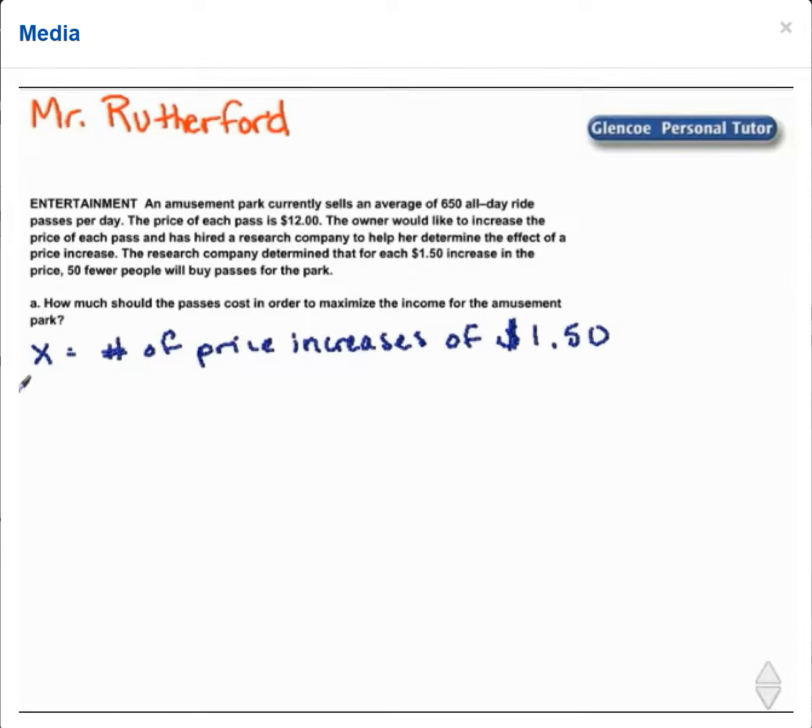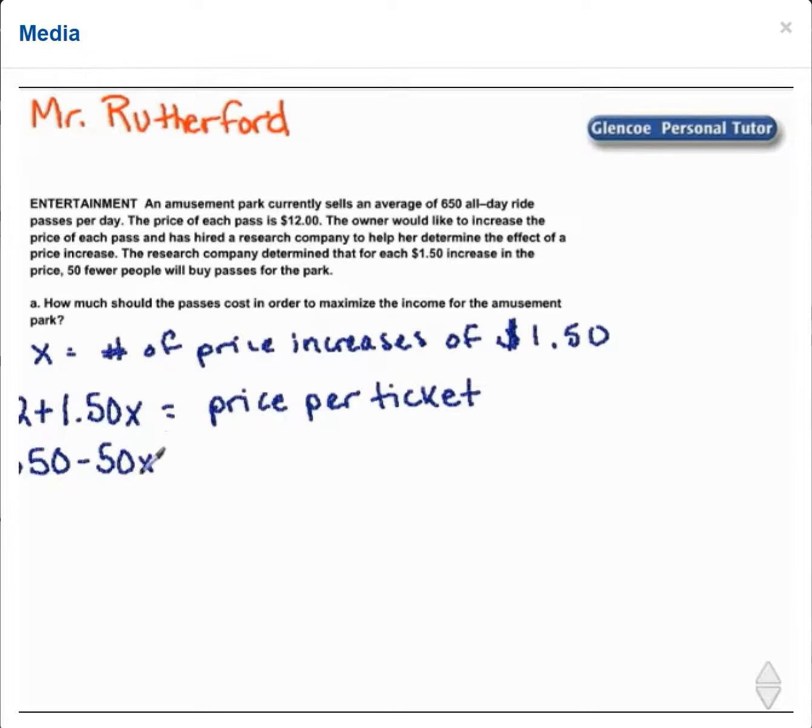We're going to let 12 plus 1.50 multiplied by x be equal to the price per ticket, because the original price was 12, and we're adding $1.50 with each price increase. And then finally, we will have 650 minus 50x. That will equal the total number of tickets sold.